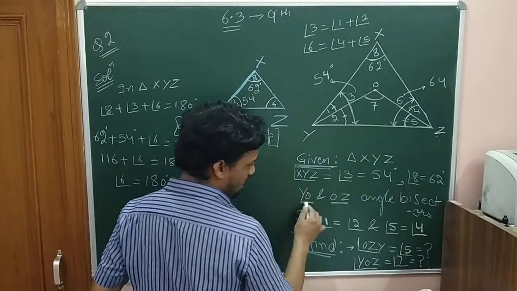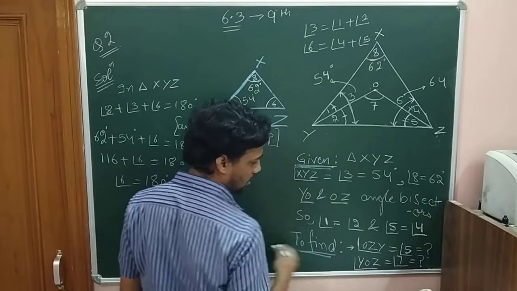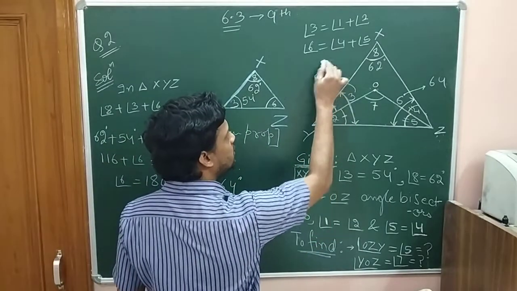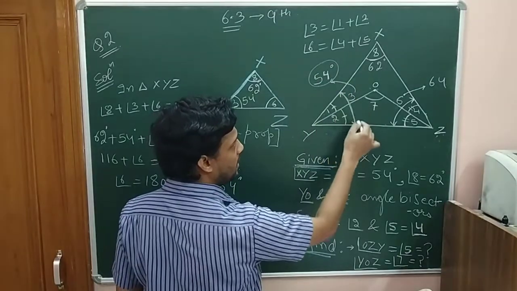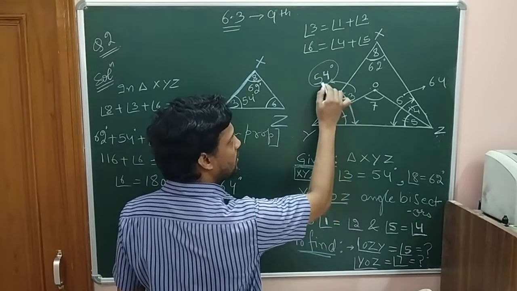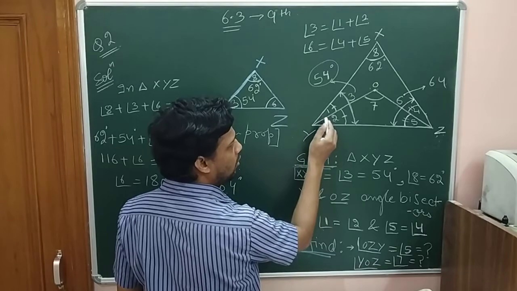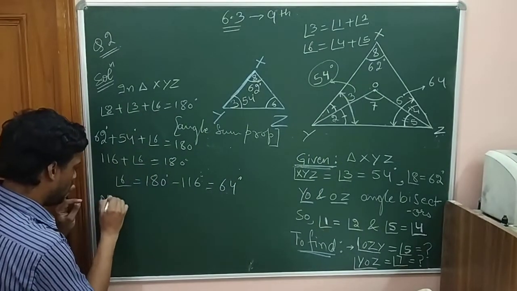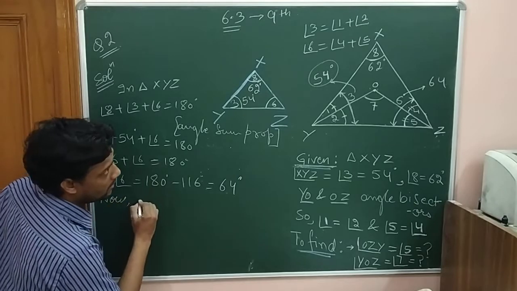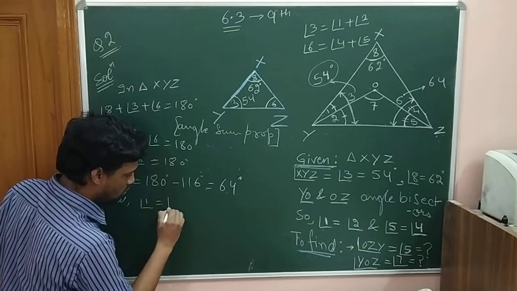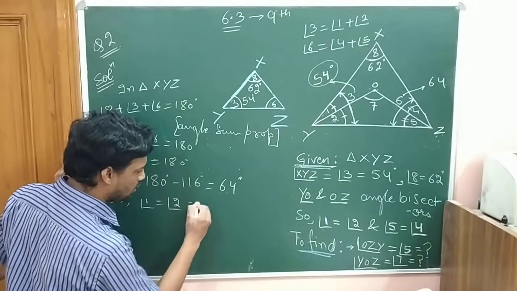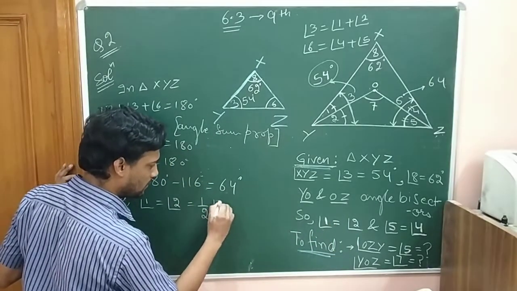Now we know that YO and OZ are the angle bisectors. Therefore angle 1 is equal to angle 2. If the full angle is 54 degrees, then obviously 54 degrees is divided in half on both sides. So angle 1 and angle 2 both are equal, which is half of angle 3.